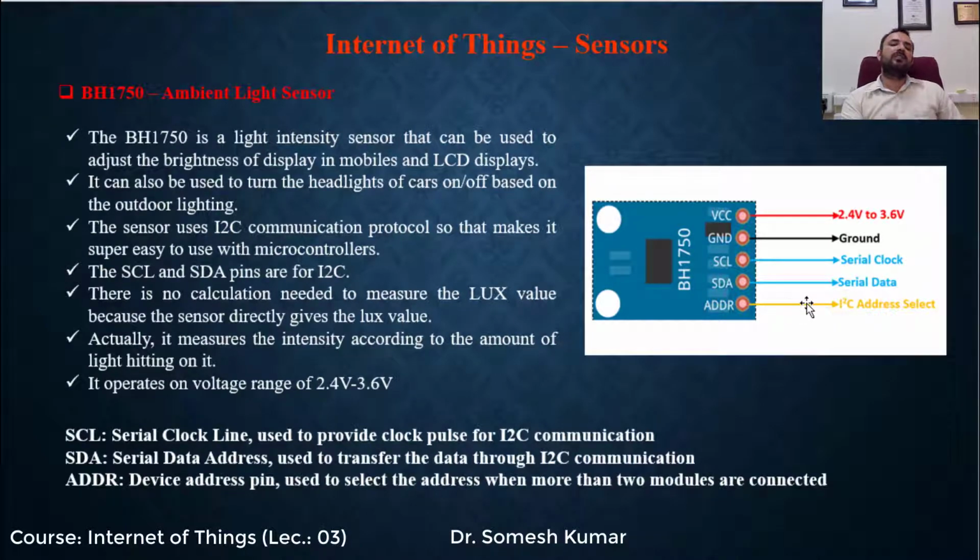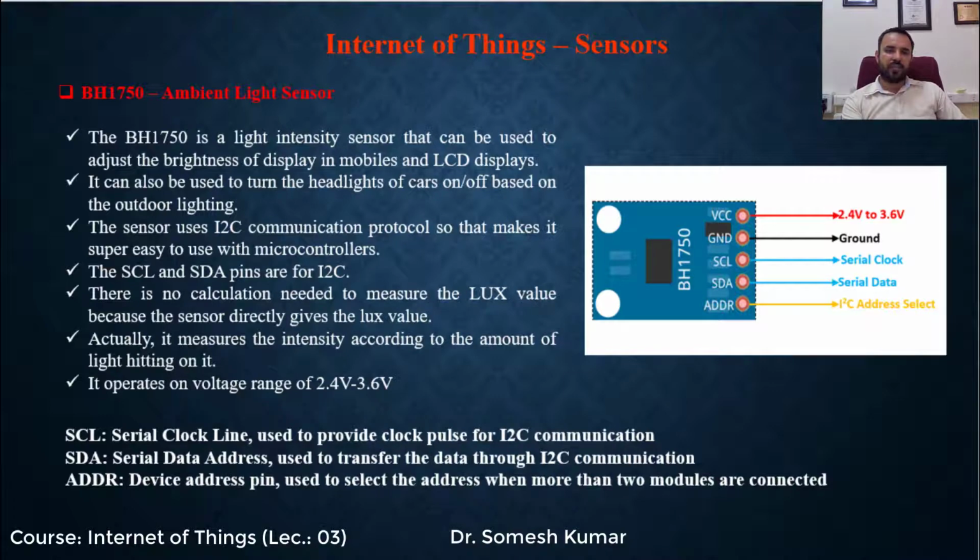These sensors can also be used to turn the headlights of a car on and off, for an automatic car light system. In the daytime your car's headlight will get switched off, while in the night time it automatically gets switched on. The IC BH1750 uses the I2C communication protocol, and SCL, the serial clock, and SDA, the serial data, provide the clock and data pins for the I2C communication.